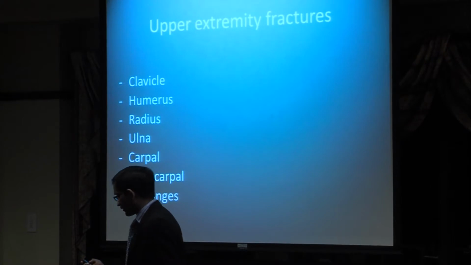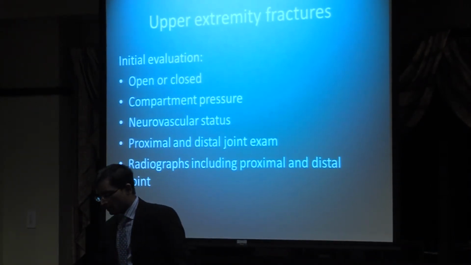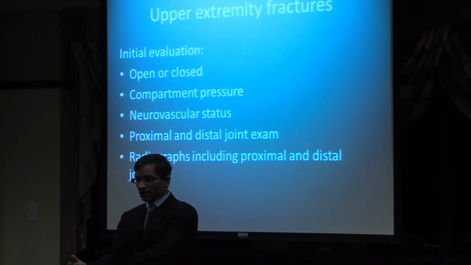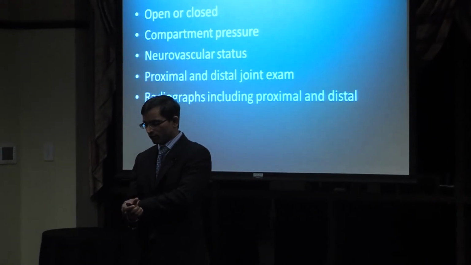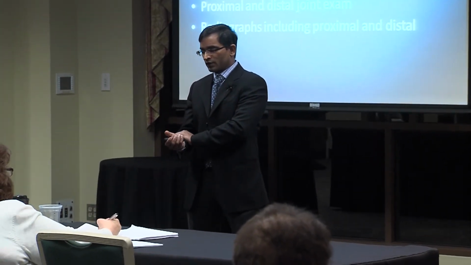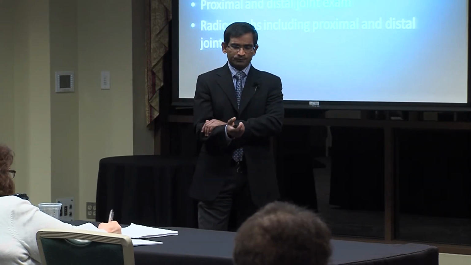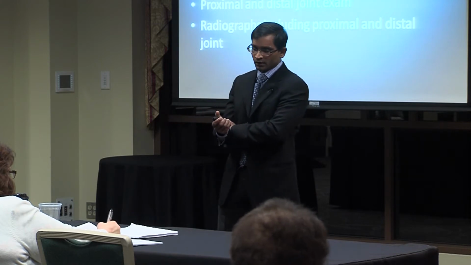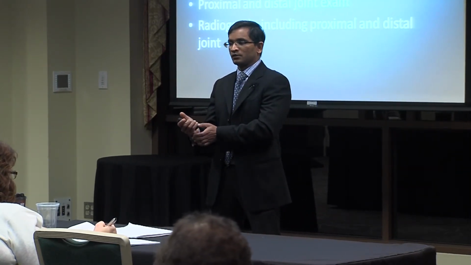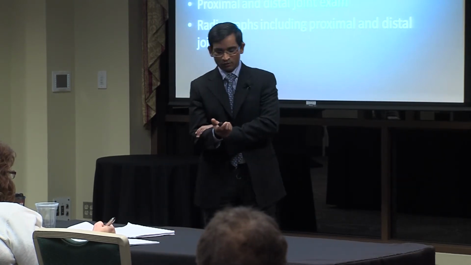And coming to the fractures, let's go over the initial evaluation and treatment of any fracture. Once we know any part of any extremity is deformed, we make a first initial examination, check whether it is open or closed, whether there is any skin tenting, check the neurovascular status, and also check for compartment syndrome.